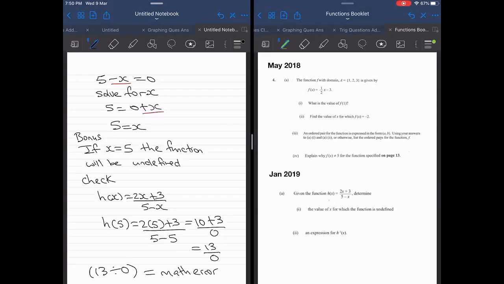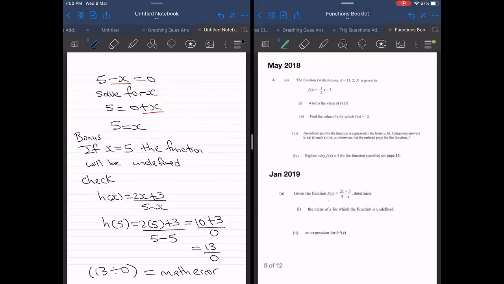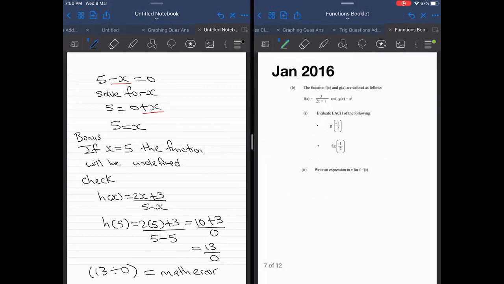So they're just asking you what value makes the function undefined. Going back to this January 2016 question, suppose I had asked you as a third part, the value of x for which f of x is undefined.